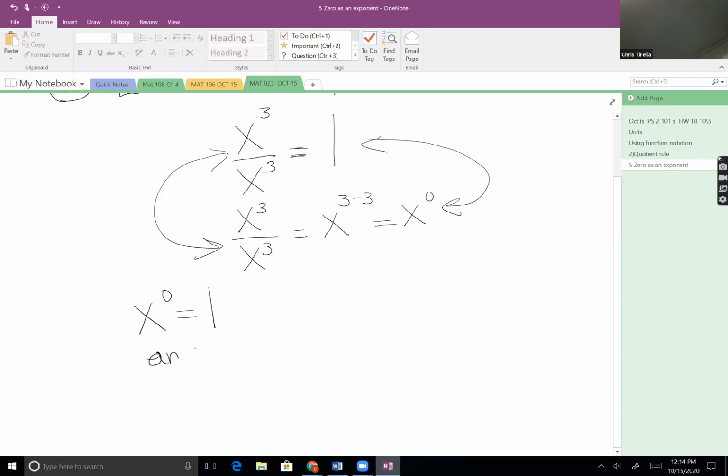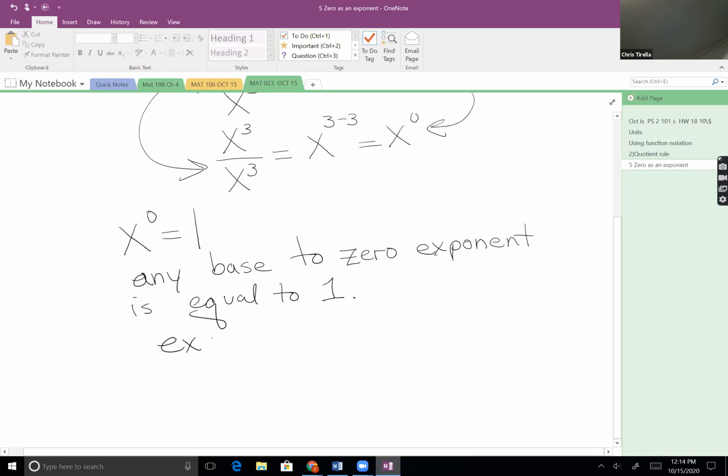And so we say that any base to the 0 power, any base with a 0 exponent, is equal to 1. There is one exception though: 0 to the 0.